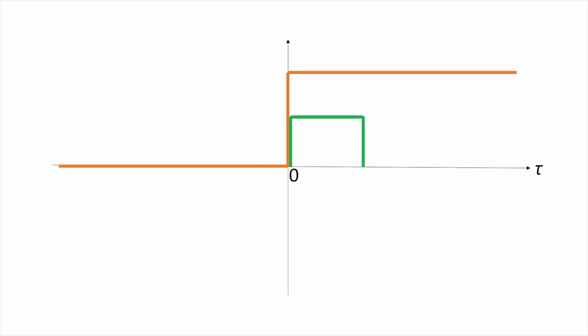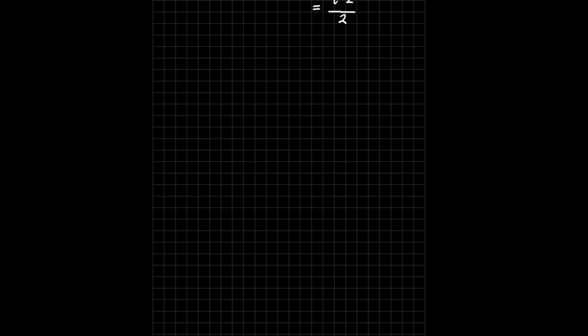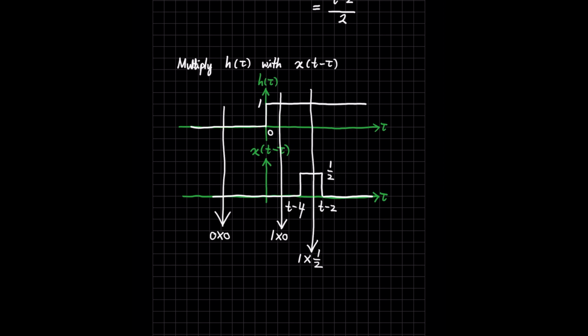As the signal further shifts to the right, we will have the third case, which is valid when t is greater than 4. The multiplication of h tau with x t minus tau will produce the following graph.